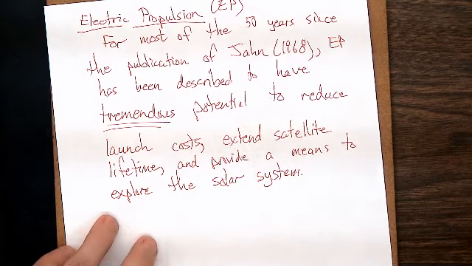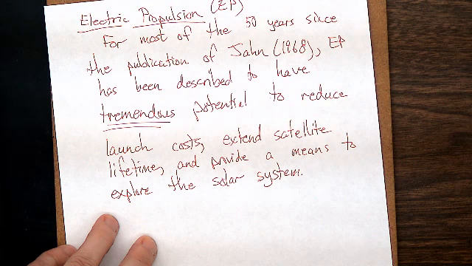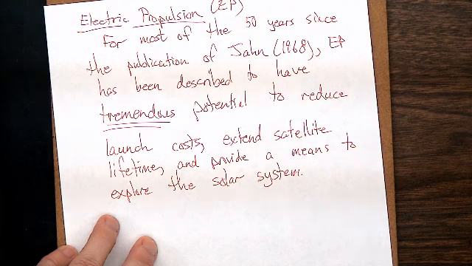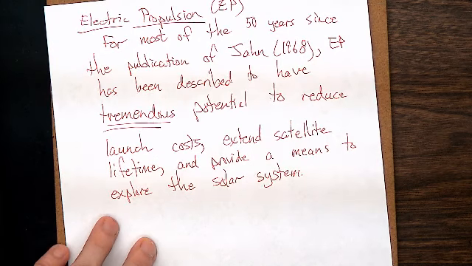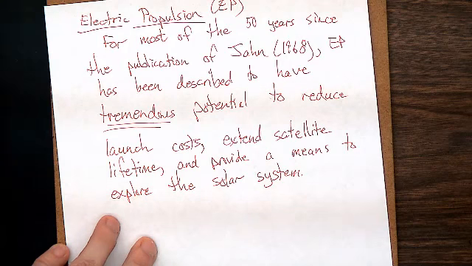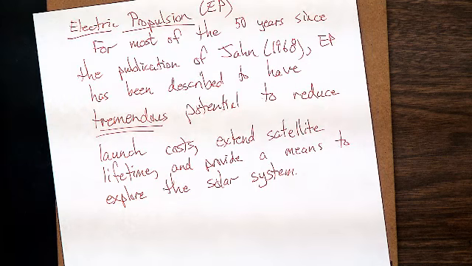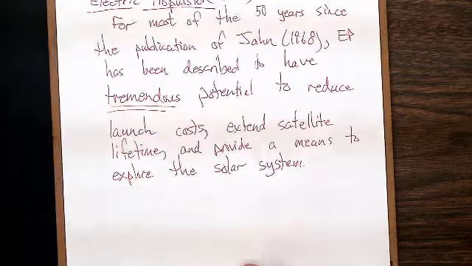You've probably heard of the Dawn mission that went out beyond the asteroid belt up towards Jupiter, studying various celestial objects, and it had ion engines on. Those weren't used for station keeping; they were used to basically change the orbit, and would run for hundreds and hundreds of hours nonstop in doing so.